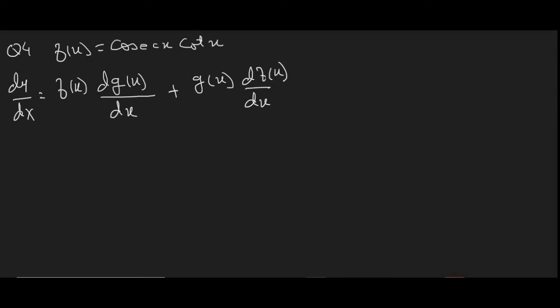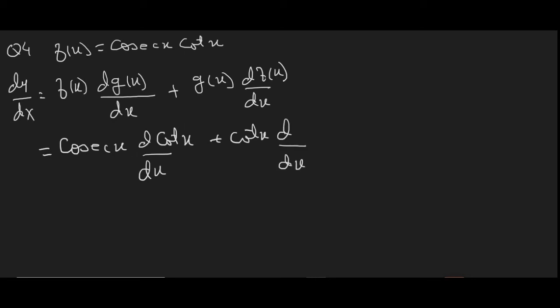Now in this question, the cosecant x is first function and cotangent x is your second function. So replacing all f of x and g of x here, cosecant x, derivative of cot x, plus cot x and derivative of first function, which is cosecant x.